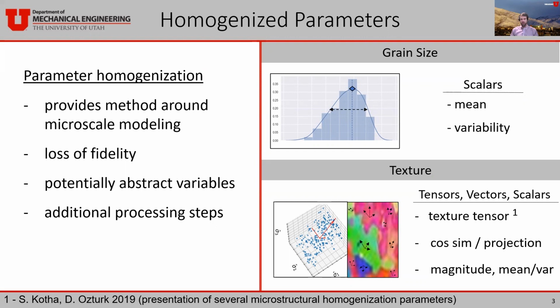One such method of homogenization is the texture tensor presented by Kotha and Osterk. The texture tensor is essentially the weighted average of the z-axis orientation of a material specimen or sample.